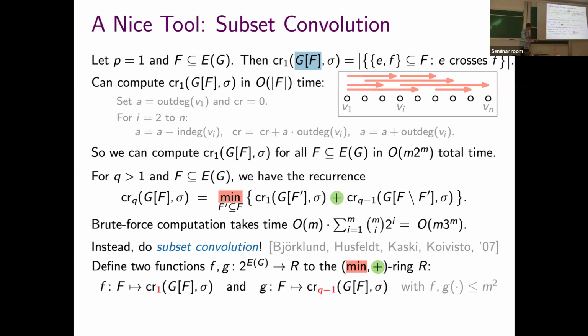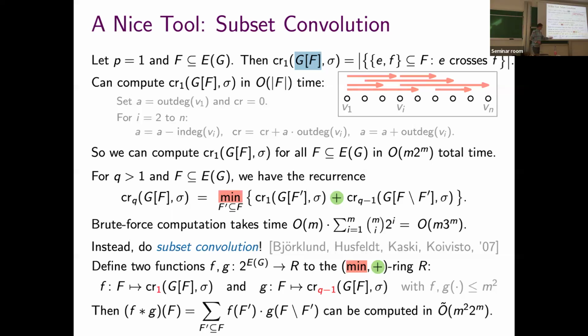And if these functions can be bounded by m squared, then the convolution of these 2 functions, which the standard way of writing uses the sum and the multiplication, but actually in our ring, the sum corresponds to the minimum and the multiplication is the plus, can then be computed in 2 to the m time. Via some miracle. Okay?